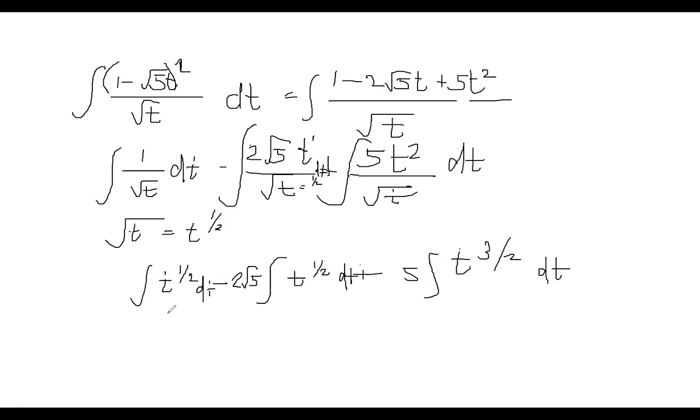So following the power rule, we have t to the power of 1/2 plus 1. How much is that? So 3/2. T to the power of 3/2 all over 3/2, minus 2 square root of 5.